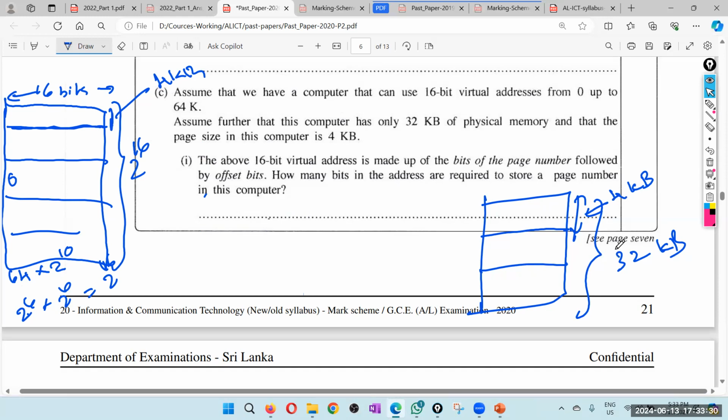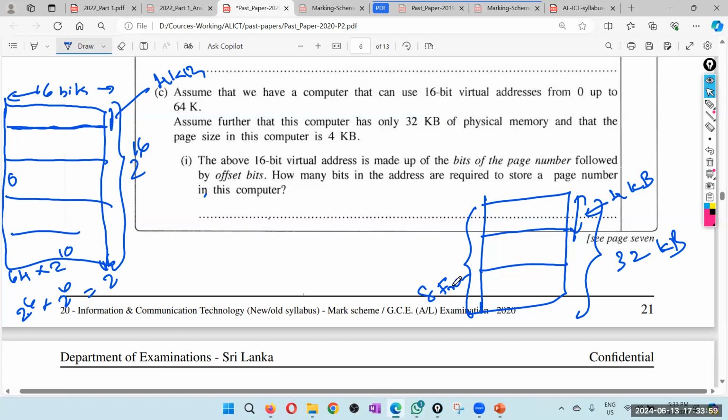But to make the computation simple, the examiner has taken very simplified values. So 32 kilobyte means every frame is 4 kilobyte. That means altogether we have 8 pages or 8 frames, because 32 divided by 4.